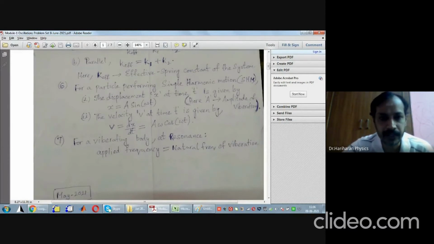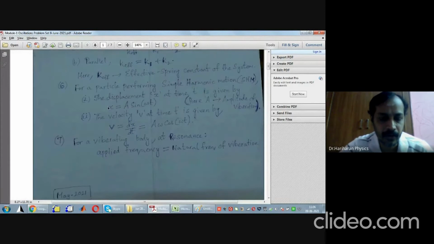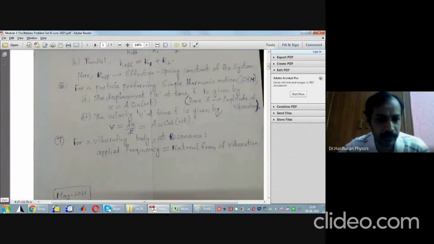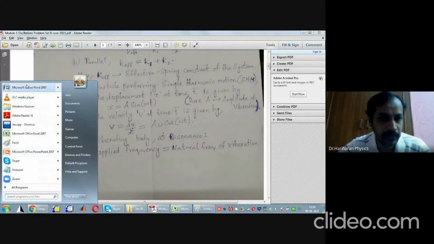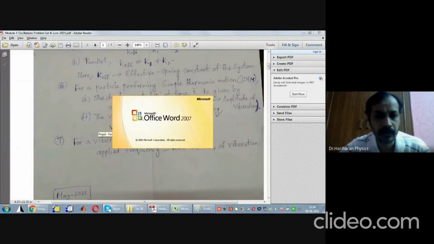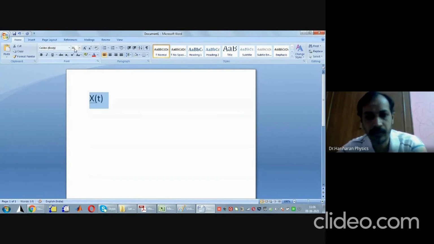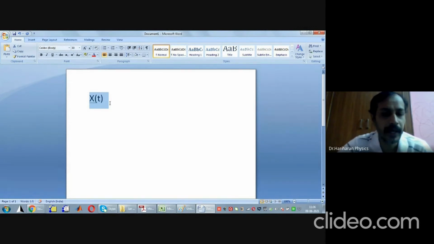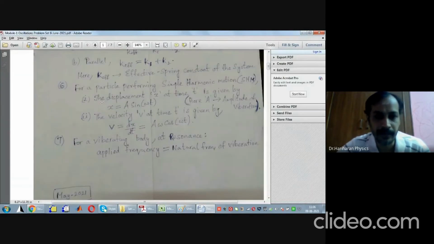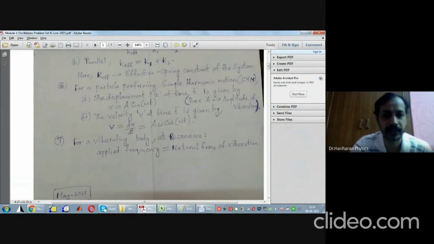Therefore, the instantaneous displacement of the particle x at a time t, x is a function of time. In my formula, I've simply written it as x, but it's actually a function of time.